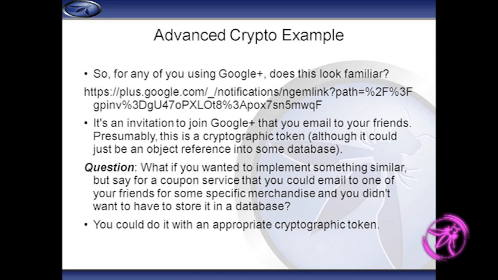With ESAPI, well, with anything, you would want to put the authenticated user's name, the target friend you're going to send it to, a merchandise ID to recognize what they're trying to buy or what the coupon's for, the coupon value, expiration date, etc. If we want to make the identities confidential, we make the token unforgeable, secure from tampering, immune to replay attacks, or at least have the ability to make it immune to replays.